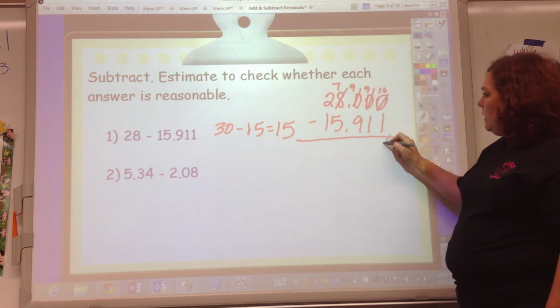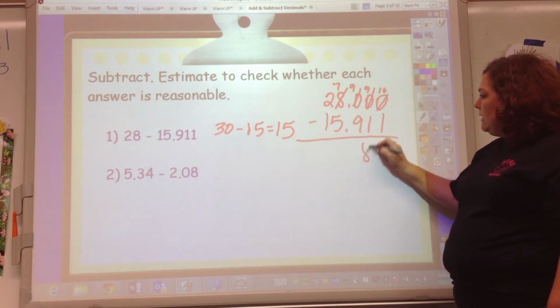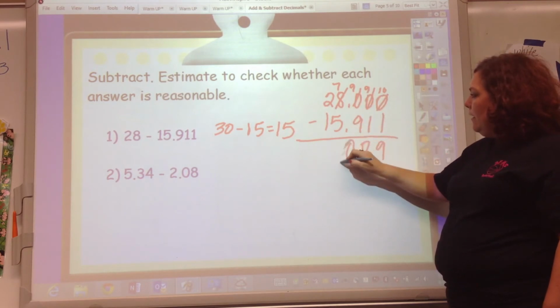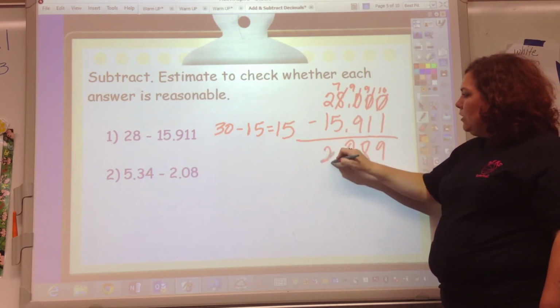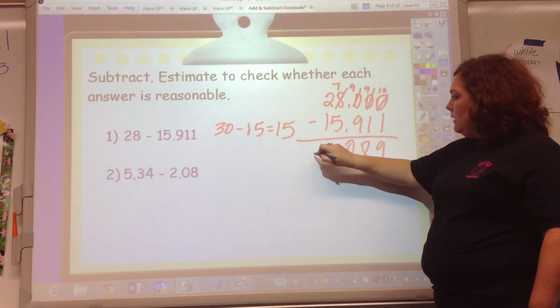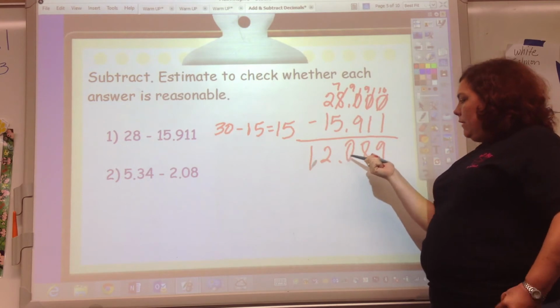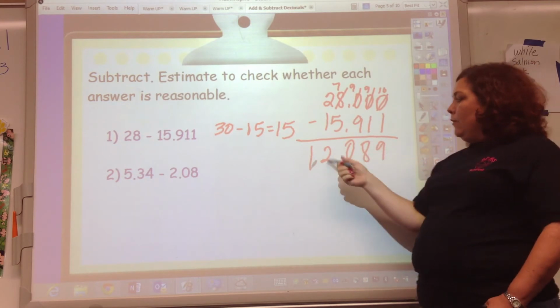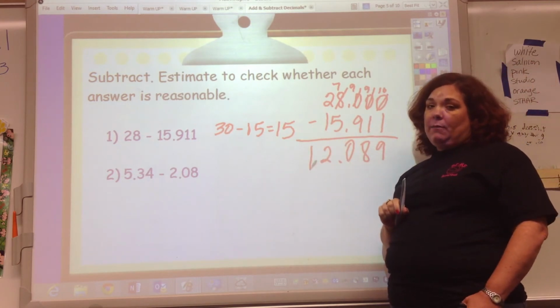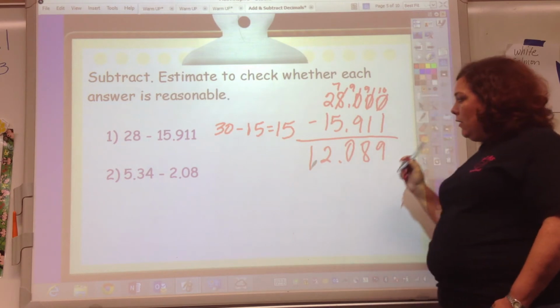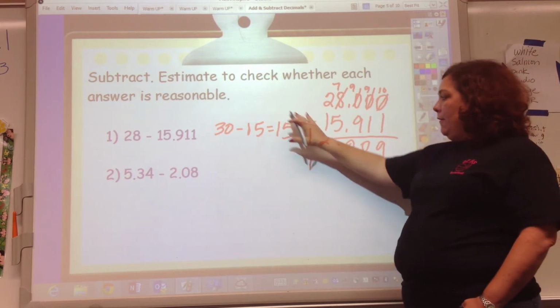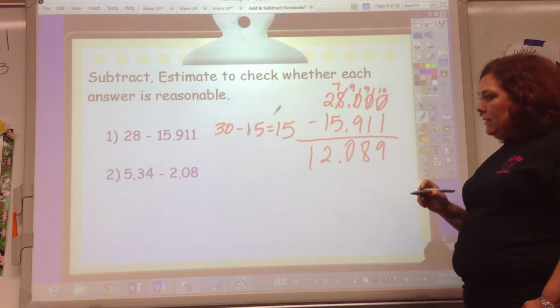Now 10 minus 1 is 9, 9 minus 1 is 8, 9 minus 9 is 0, 7 minus 5 is 2, and 2 minus 1 is 1. And so I got 12.089. Well, that's close enough to 15 to tell me I was doing the right thing. So I feel good about that. 12 versus my estimate of 15.